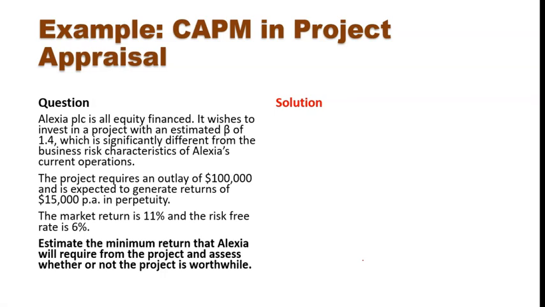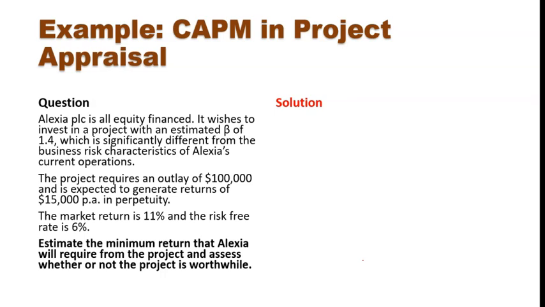The project requires an outlay of $100,000 and is expected to generate returns of $15,000 per annum in perpetuity. The market return is 11% and the risk-free rate is 6%. Estimate the minimum return that Alexia will require from the project and assess whether or not the project is worthwhile.